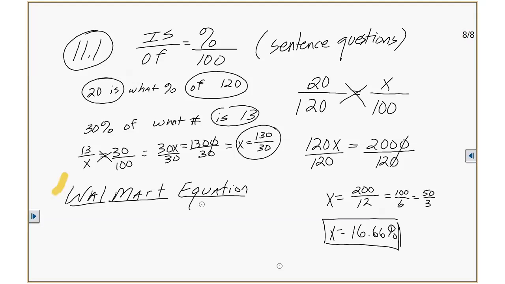I got that? I can't think of the last one. 14 is 50% of what number? When you do it by algebra, that's one of the sentence problems.